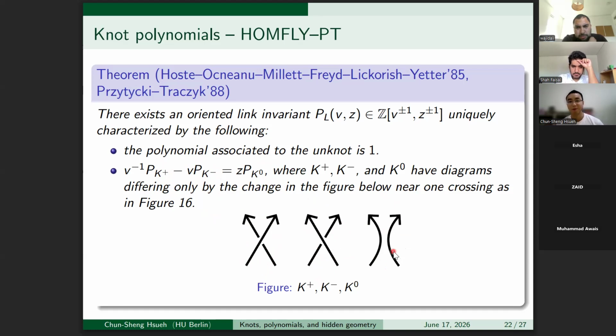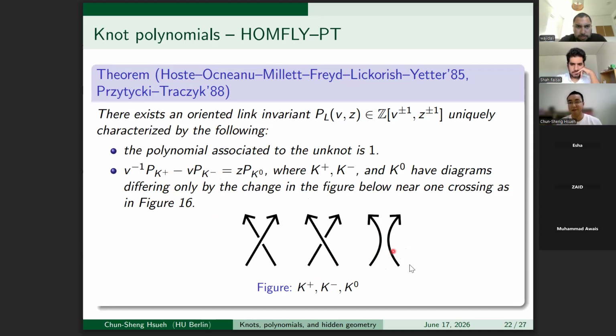This is called the skein relation. What is difficult about this theorem is that you show it doesn't depend on the diagram, so that it's actually an invariant of the link.